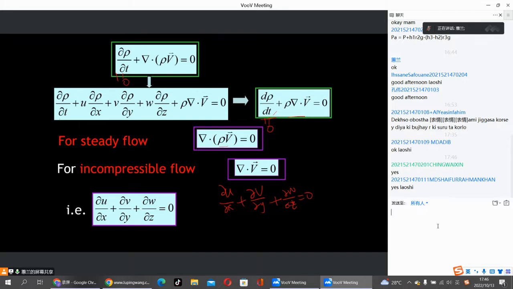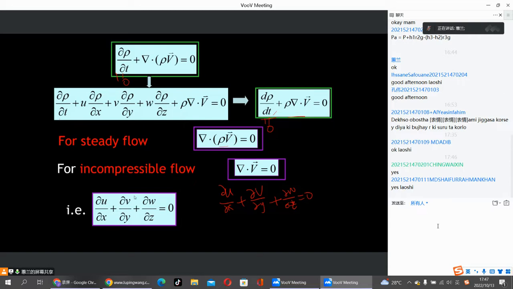You can use what you have learned about total derivative. Total derivative is equal to the local derivative plus the convective derivative. You can do it that way. And if you can't understand this, you can follow the derivation in mathematics.